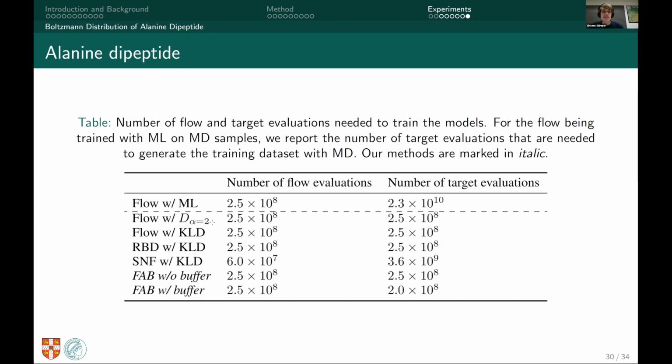And there we really see that if you train the flow using maximum likelihood based on MD samples, we have to generate those MD samples in the first place, and it takes roughly 100 times more target evaluations than if you train the flow with our method using the replay buffer, right? Here I have 2.3 times 10 to the power of 10, and here I have 2.0 times 10 to the power of 8. So two orders of magnitude difference.